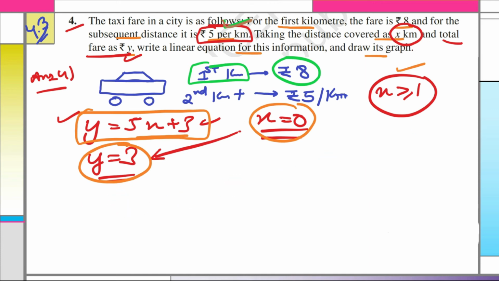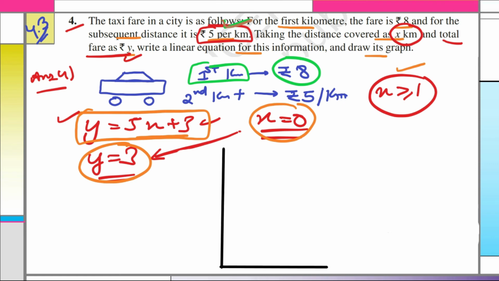Now, as far as plotting the points is concerned, it's very easy, my friends. First of all, we take the graph, x-axis and y-axis. So just a small graph I will plot. We get 1 2 3 4 5, 1 2 3 4 5. I will just redraw the graph.